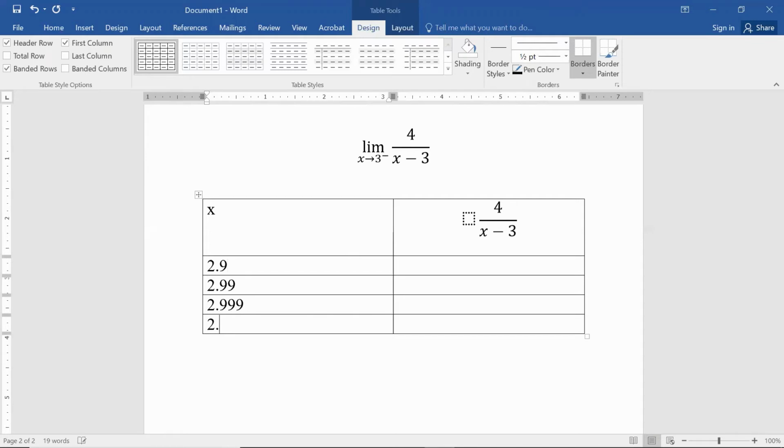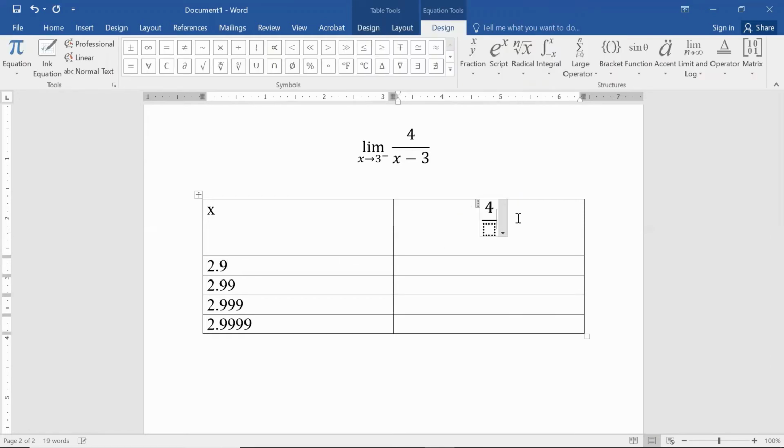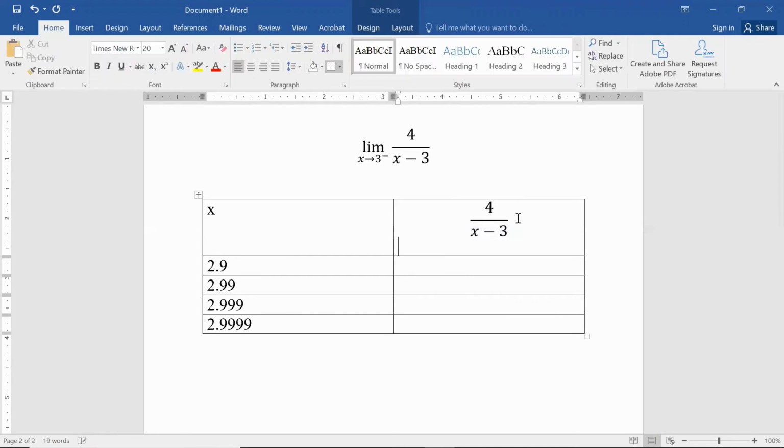When I plug those into this expression, 4 over x minus 3, I end up with output values of, well, when I plug in 2.9, negative 40. When I plug in 2.99, negative 400. 2.999, I get negative 4,000. 2.9999, I get negative 40,000.